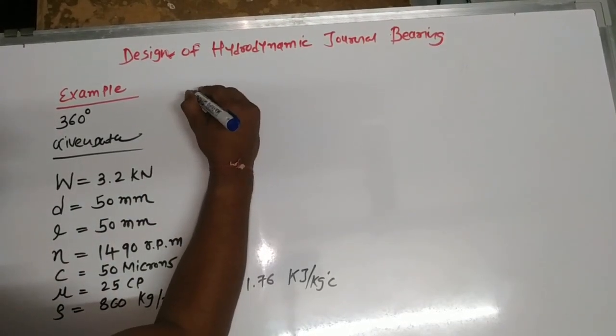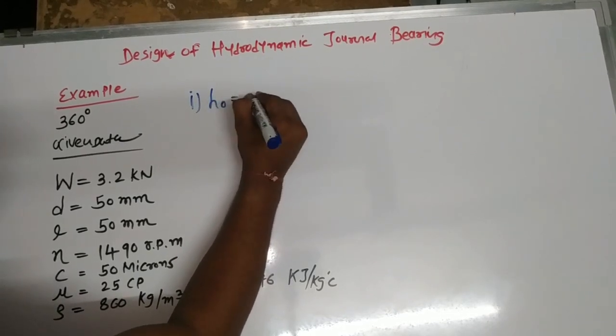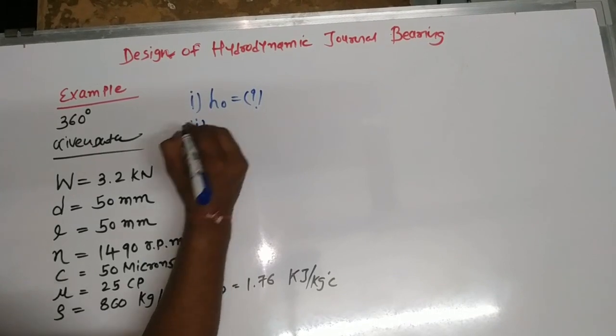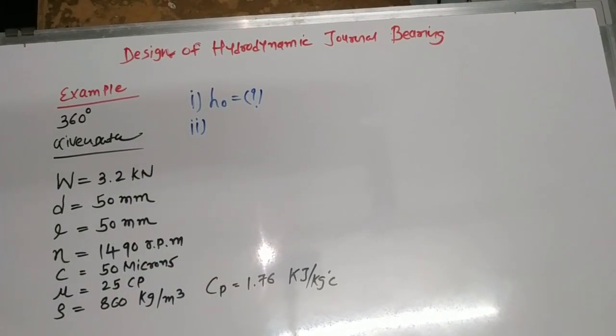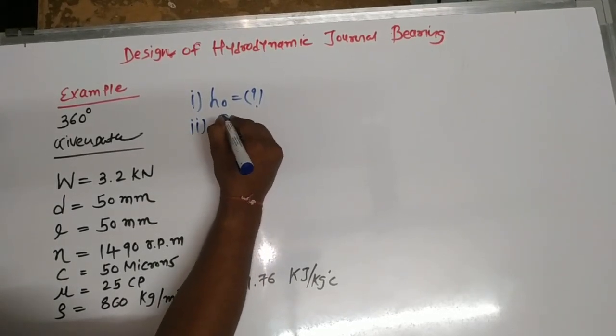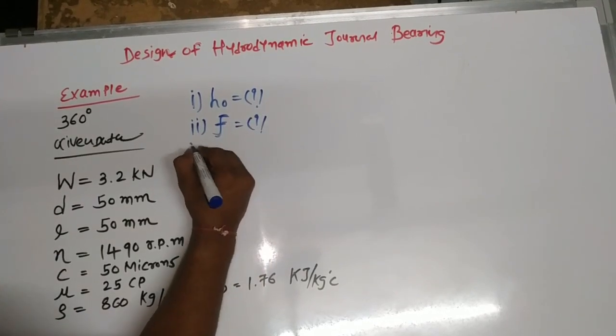As we have seen in the design procedure, H0 is the minimum oil film thickness that we have to find out here. The second parameter is the coefficient of friction, denoted by small f, which we are going to find out in this example.